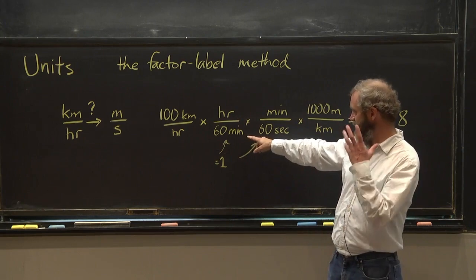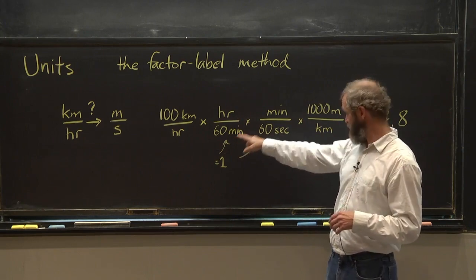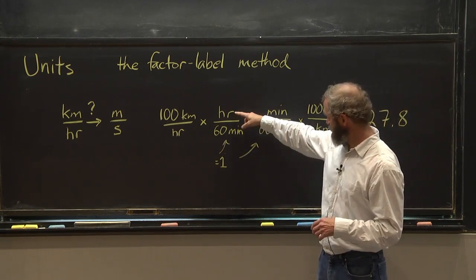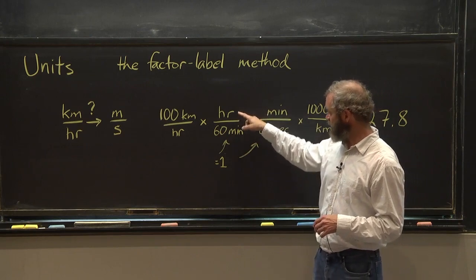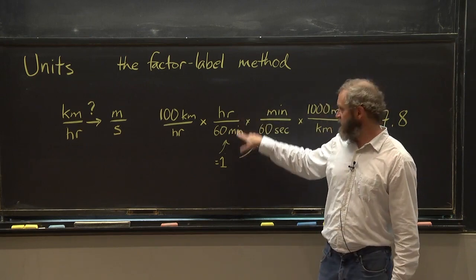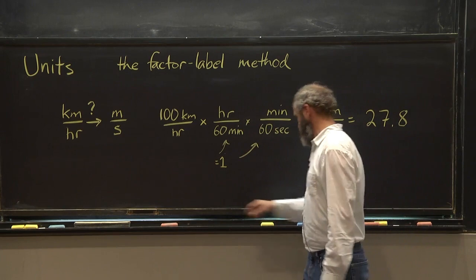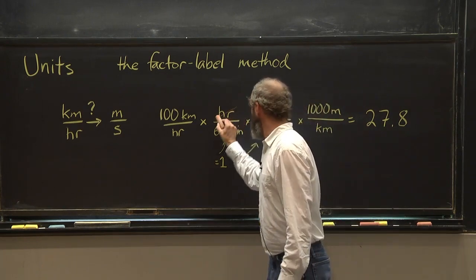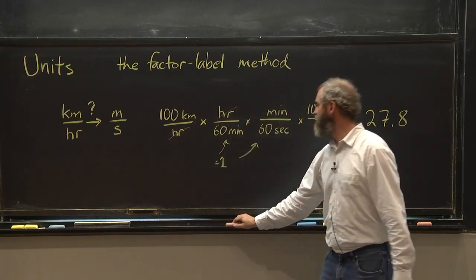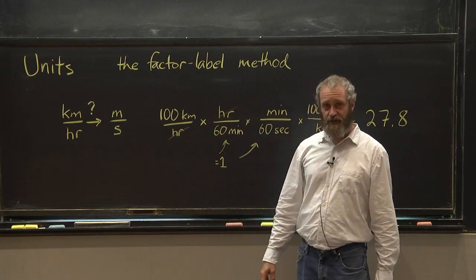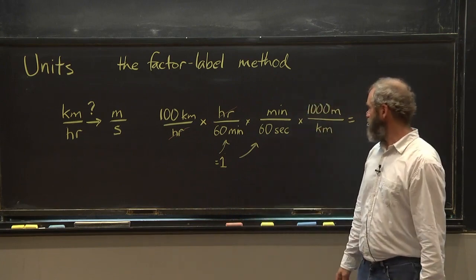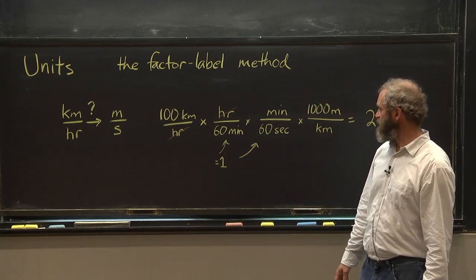I don't remember in my head how many seconds there are in an hour, so I'll do this in 2 stages. There are 60 minutes in an hour. And so now we can cancel the units of hours here. And that's the first step in our factor label method.